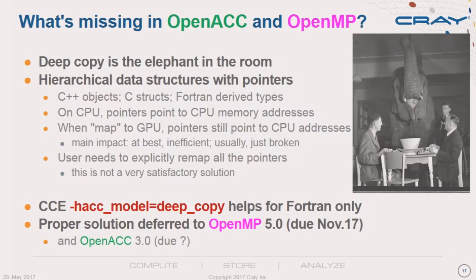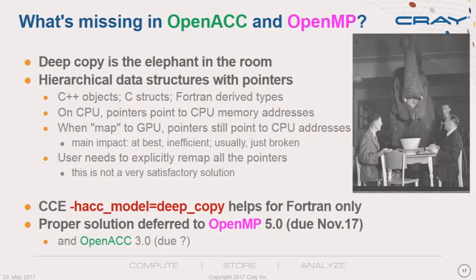My last slide is, as we already mentioned, from my point of view, the deep copying is, especially for C and C++, the biggest issue. Here, the elephant in the room. And as Markus mentioned, hopefully that will be implemented in OpenACC 3, excuse me.